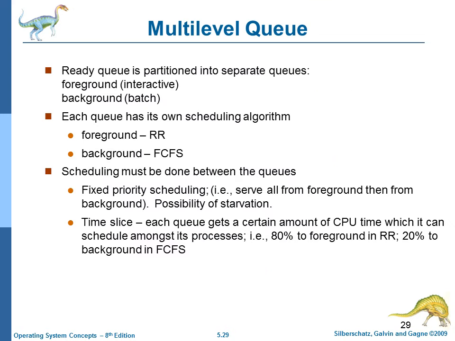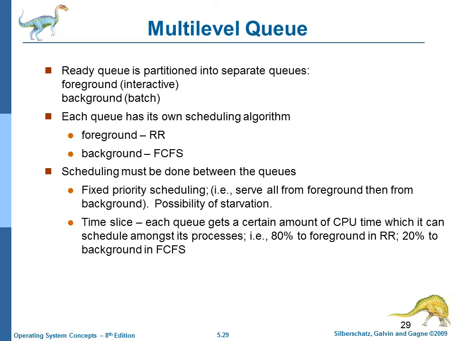The next algorithm is called the multi-level queue algorithm. When we have processes that can be categorized, then multiple separate queues can be established, each implementing whatever scheduling algorithm is most appropriate for that type of job.